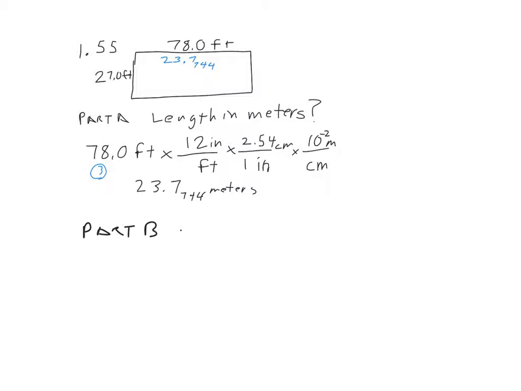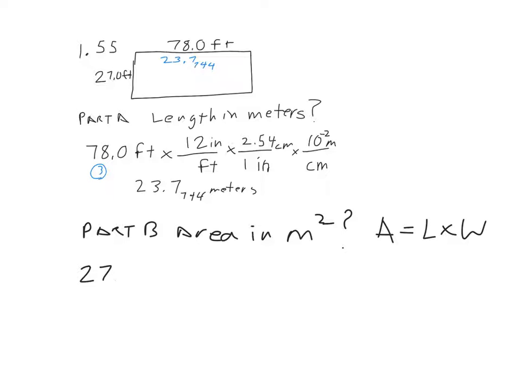Now, in part B of this problem, they want to know area in square meters. And area equals length times width. So I'm going to have to convert my width to meters as well.